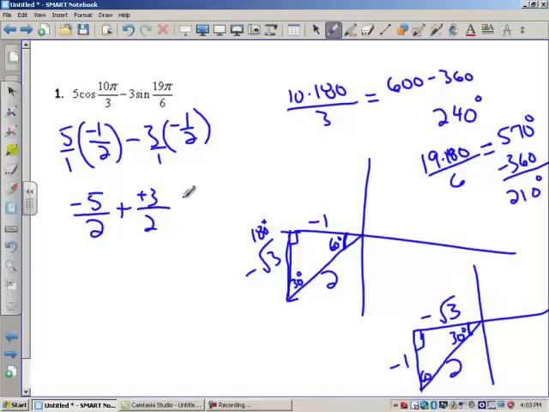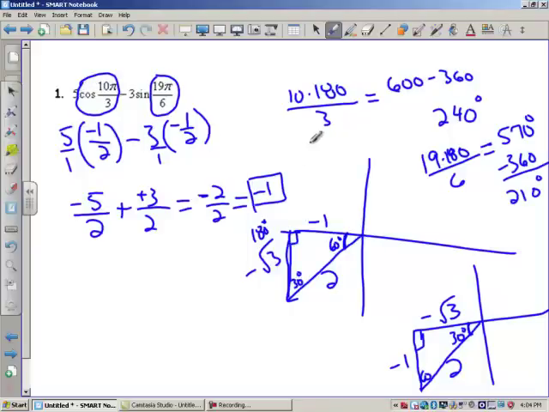And negative 5/2 plus 3/2 is negative 2/2, which works out to be negative 1. So even though this looks difficult and long, you just take this one piece at a time. I drew this angle and found the cosine. I drew this angle and found the sine, and then I brought the 5 through and the 3 through and did some fraction work. Let's look at some more.